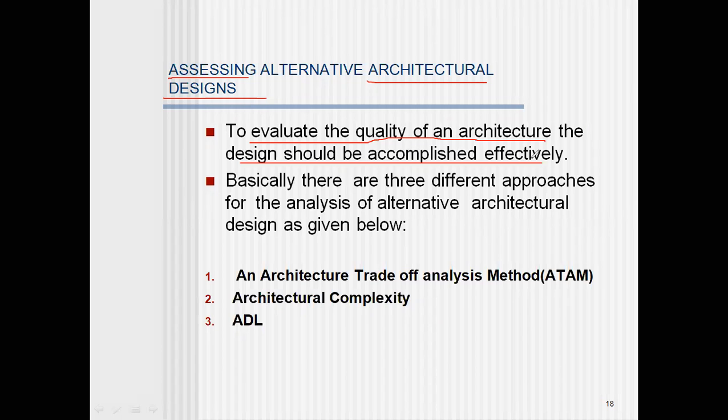We must complete the design of that particular architecture. Later we are going to evaluate that design, to check the quality of that architecture or to assess that particular architecture, isn't it?